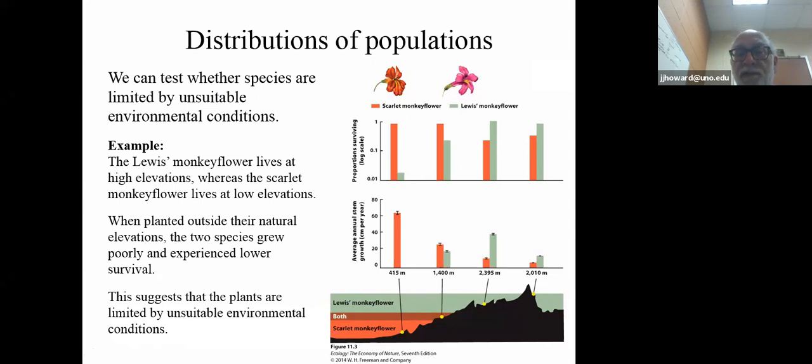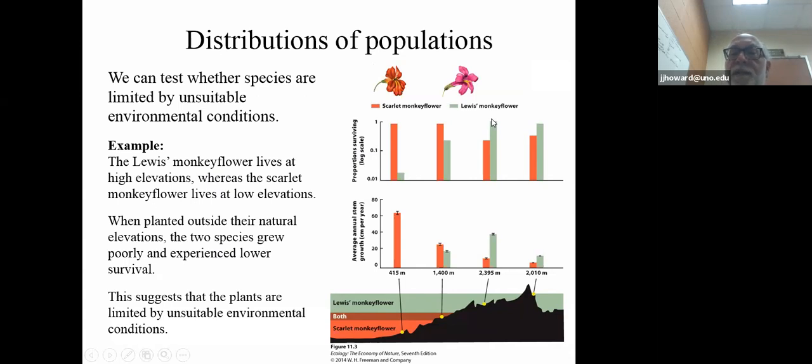Just because Lewis's monkey flower occurs at high elevations doesn't mean that that's its fundamental niche. It might be able to occur everywhere in the absence of scarlet monkey flower. So let's grow them together in gardens at different elevations and see how they do. When they're planted outside their natural elevations, they grew poorly. So here's the proportion surviving at different elevations.